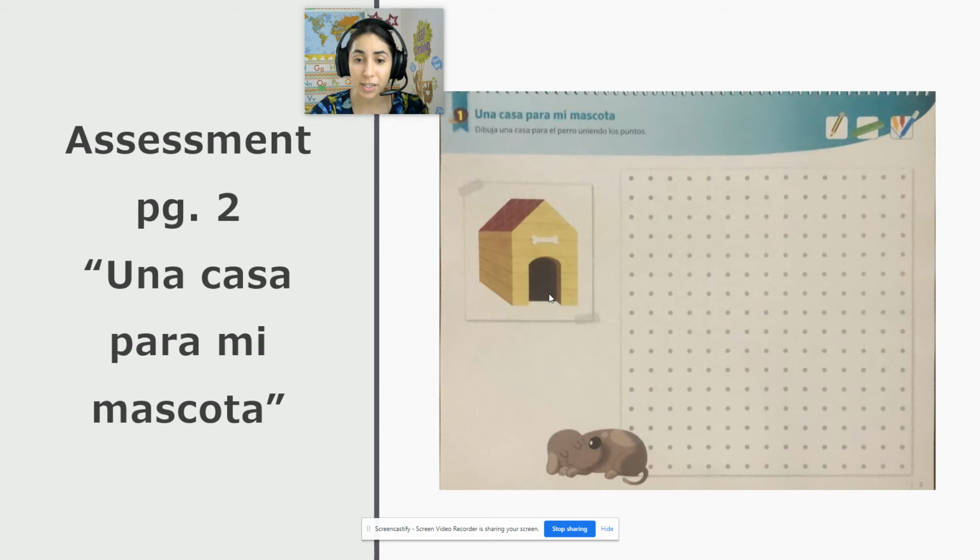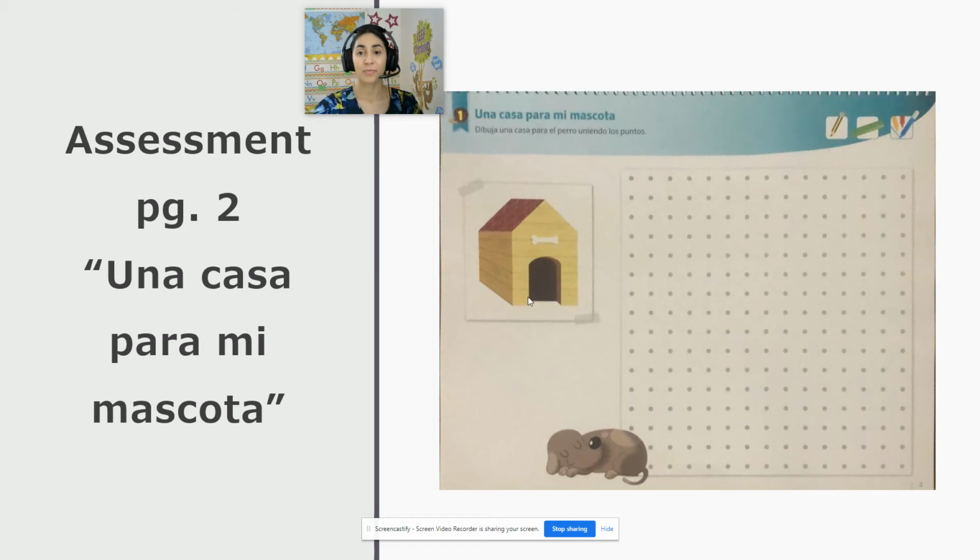As you can see right here, we have a diagonal line for the roof of the house. Then you have a vertical line, then a horizontal line, a curved line, and you even have parallel lines right here for the entrance.